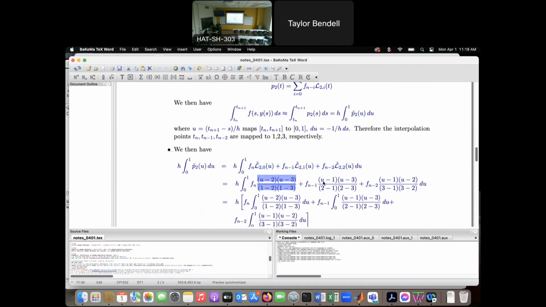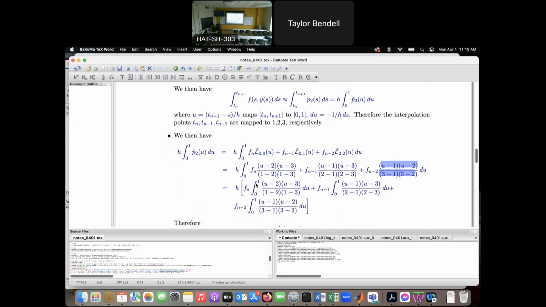Here, and here, I filled in what the Lagrange polynomials are. That's something that's covered last semester, in chapter 7. And then I go ahead and integrate all three of those Lagrange polynomials.